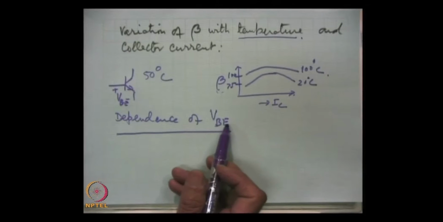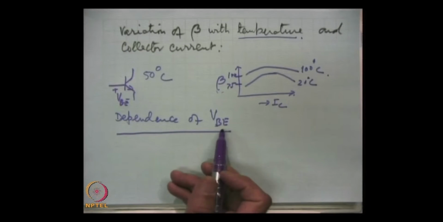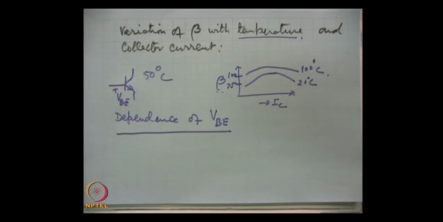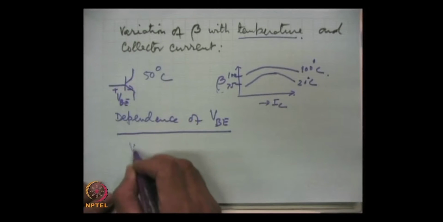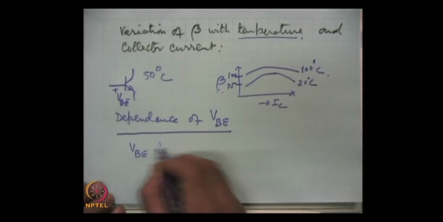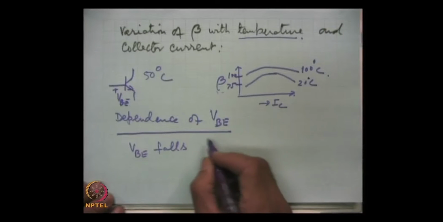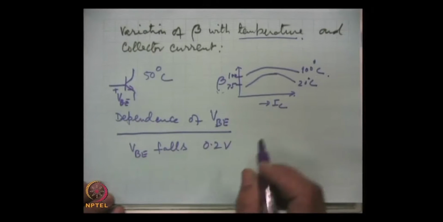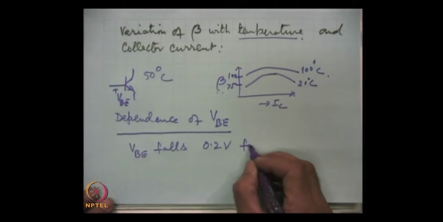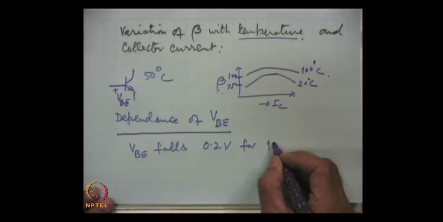So, with the rise of temperature VBE also falls, and it has been calculated and observed experimentally that VBE roughly falls at the rate of 0.2 volts for every 10 degrees rise.